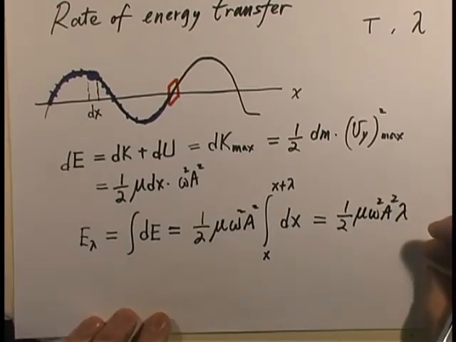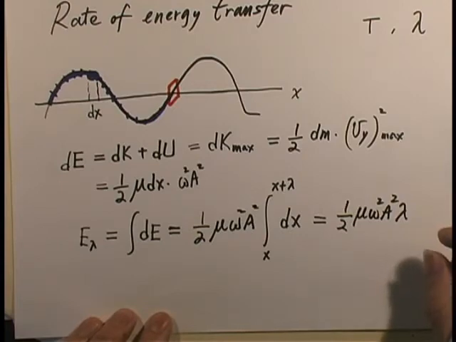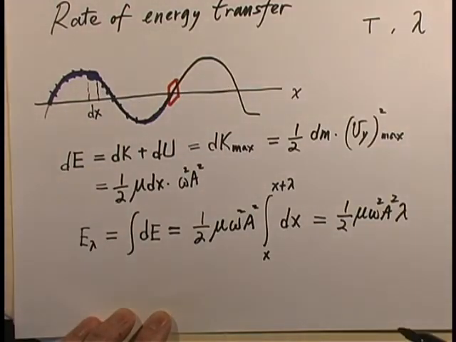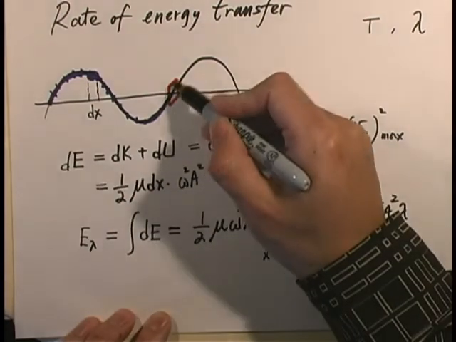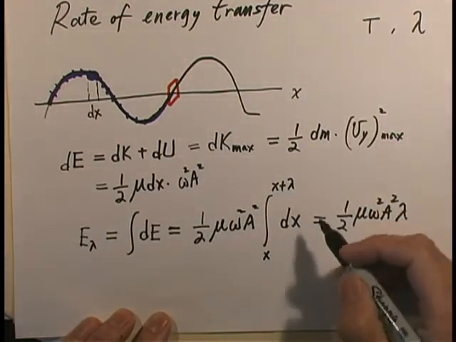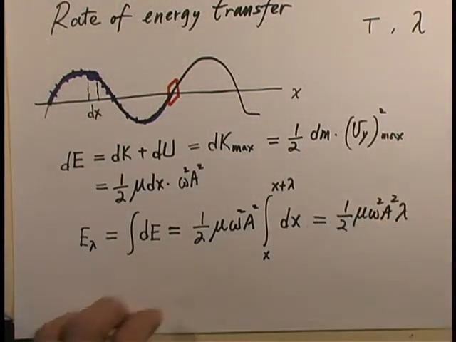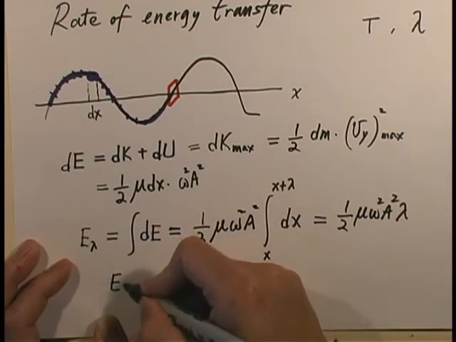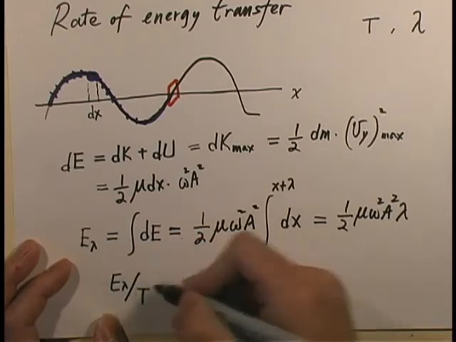Once again, what is this? This is the total energy carried by one wavelength of the wave. All this energy, because of the speed of propagation of the wave, must pass through this energy counter over exactly one period. And therefore, the rate at which energy propagates over this one period, okay, that would be E over T. See that?